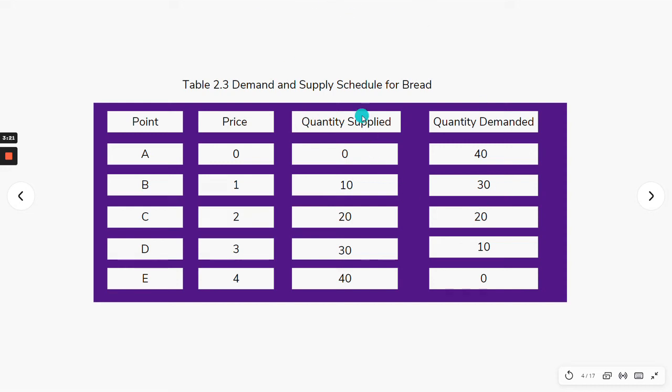Quantity supplied, as the price increases, the quantity supplied increases also. That's 0, 10, 20, 30, 40. As the price increases, the quantity demanded decreases. So from 40, 30, 20, 10, and 0. Right? So this is how we will represent it. So where do we find the equilibrium here?